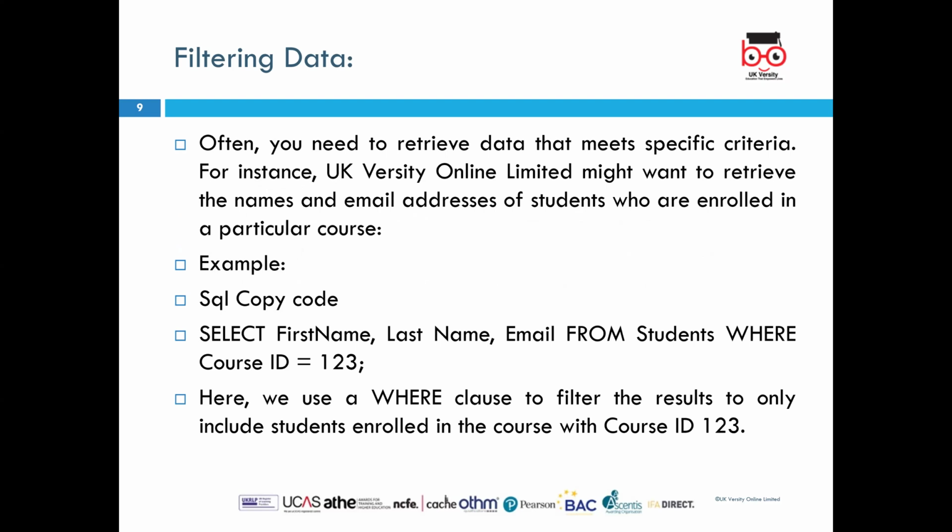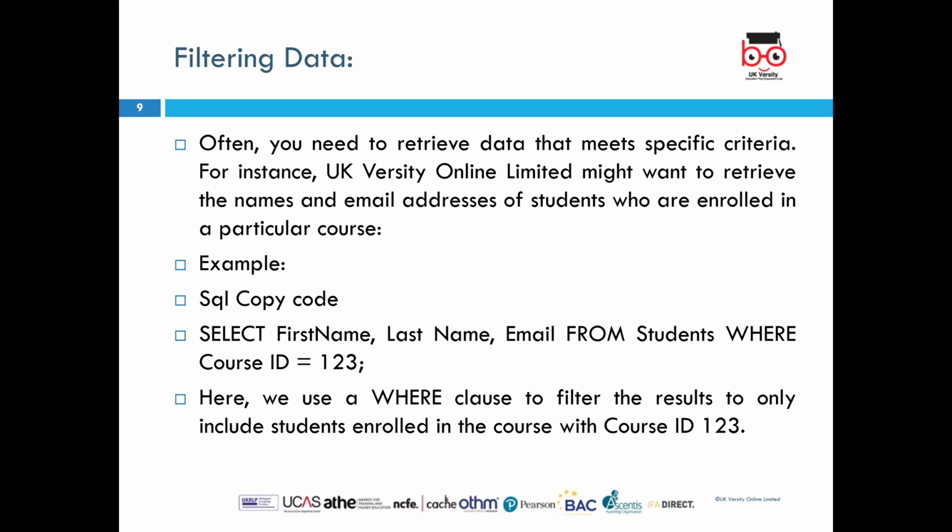First name, last name, and email is the data that you want to fetch. Then students is the table, and where is the filtering criteria, where course ID is equal to 123. That is how a where clause is used to filter the results to only include students enrolled in the course with the course ID 123. So this is how you can extract specific data.